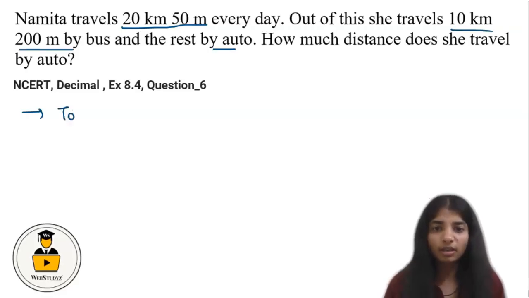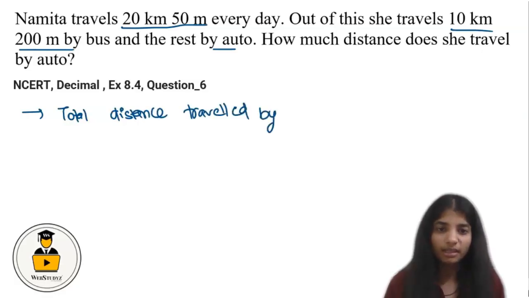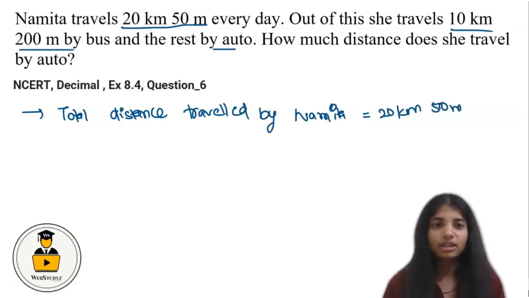So, we can say that the total distance traveled by Namita is equal to 20 kilometer 50 meter. It is given that she traveled 10 kilometer 200 meter by bus.